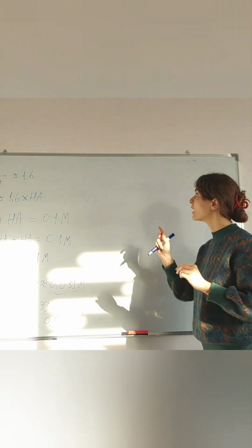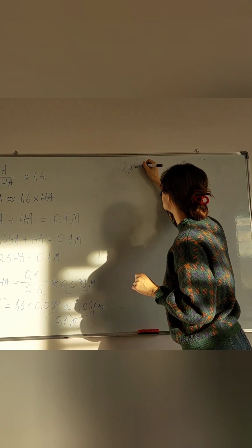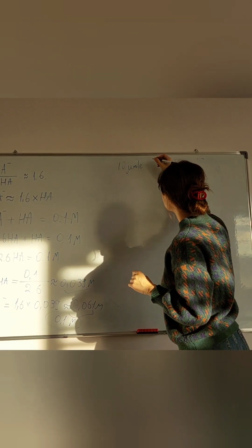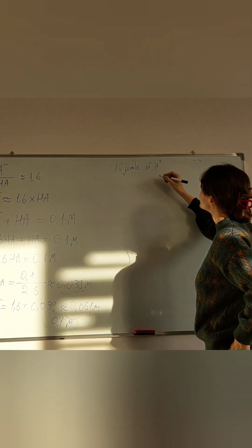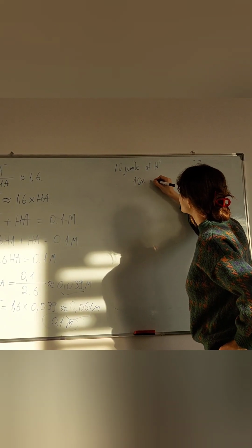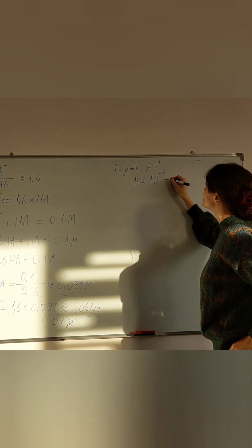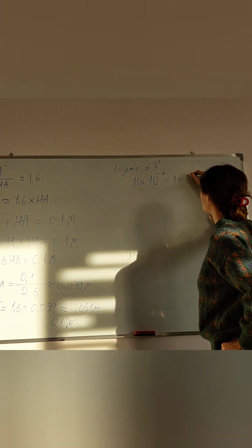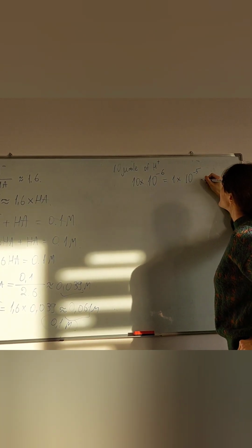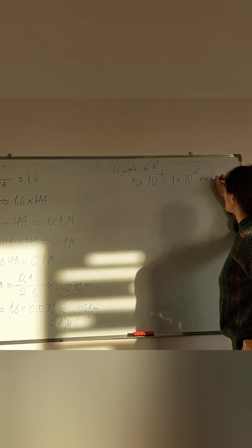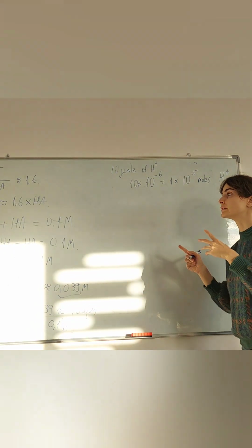For example, the 10 micromole of hydrogen ions will be 10 times 10 to the power of negative 6, and that will be 1 times 10 to the power of negative 5 moles of hydrogen ions generated during this reaction.